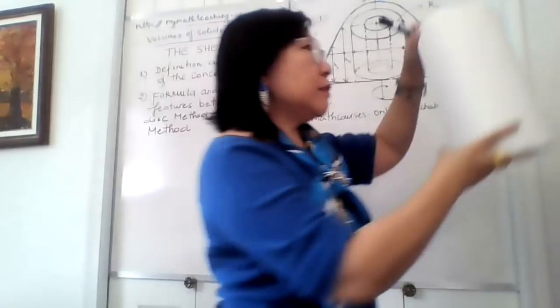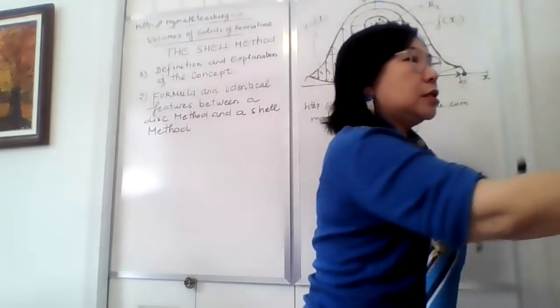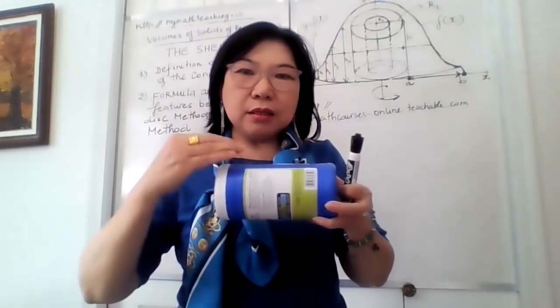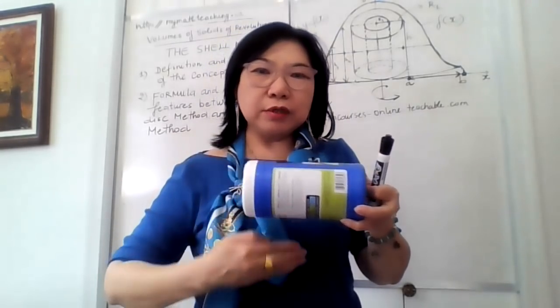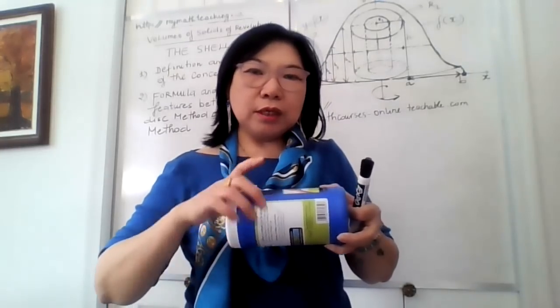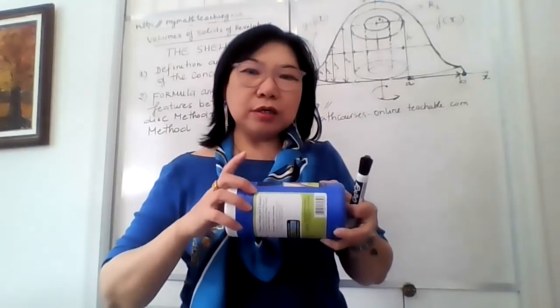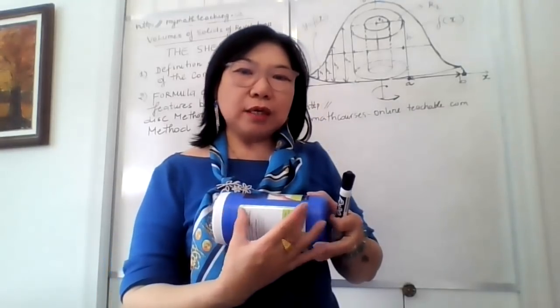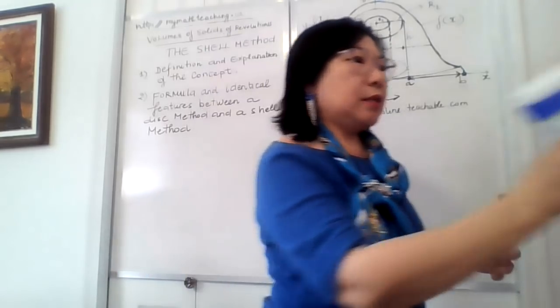And the idea is very much the same as in this method. But in this method, we slide this line around, revolving around the axis, and we slide them in a circle. And that's why you call it this method. And we stack them together, right? That's this method.